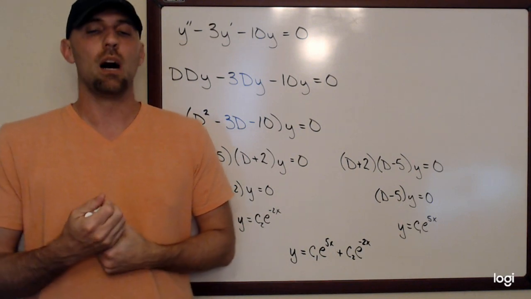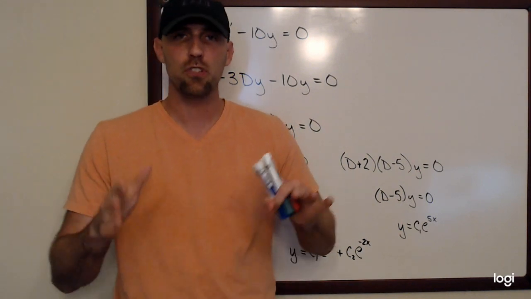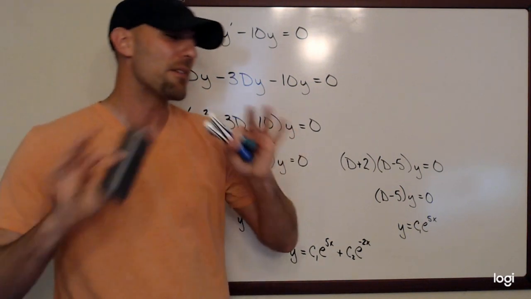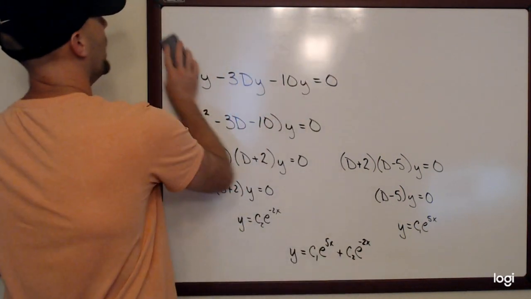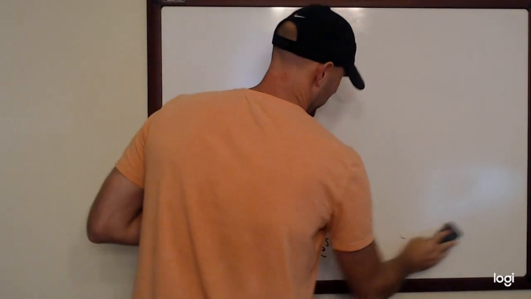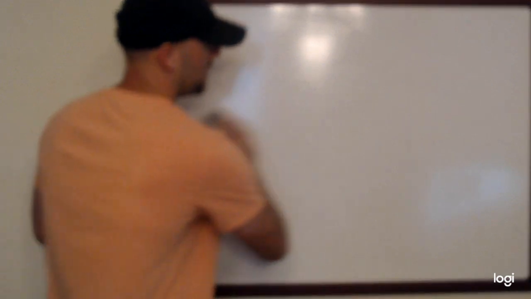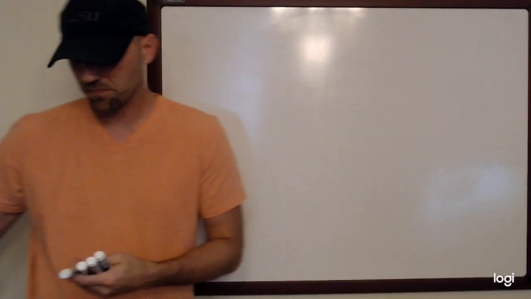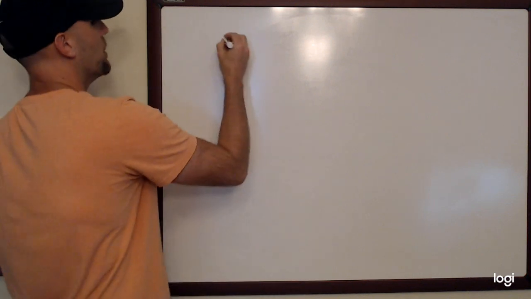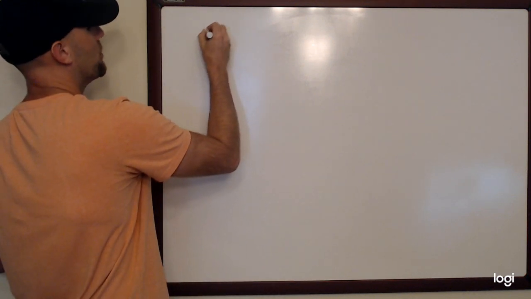Let me handle the complex roots first, because that's not incredibly complicated, and it uses one of my absolute favorite pieces of mathematics called Euler's formula. I'm going to rewrite it. I'm sure all of you know exactly what Euler's formula is, but just for my own peace of mind, I'm going to rewrite this.